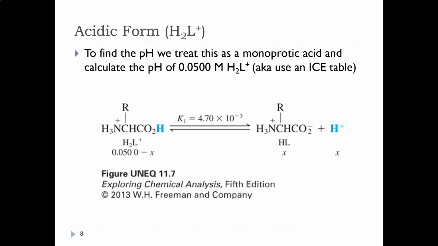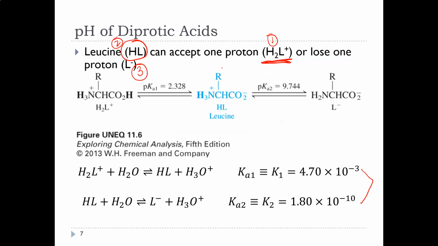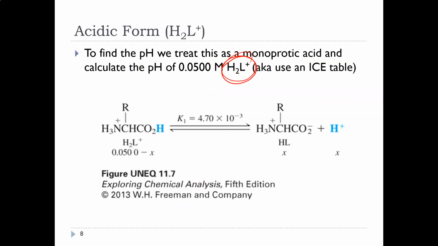So I followed that notation because that's what our textbook did. If we were trying to solve for the pH of this diprotic acid, I've shown you that we have 2 equilibrium equations here, right? And H3O+ is in both of them. The good news is with a diprotic acid, as long as the chemical you're starting with is in that acidic form, where it still has all its protons, when we calculate the pH, we can treat this like a monoprotic acid, which means we can do one ice table using Ka1 only.